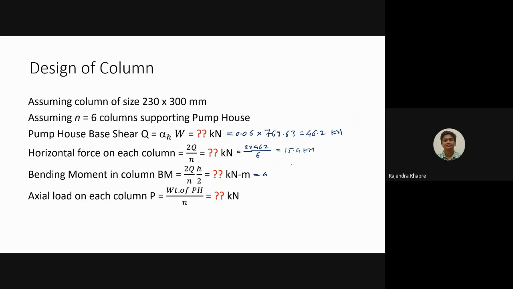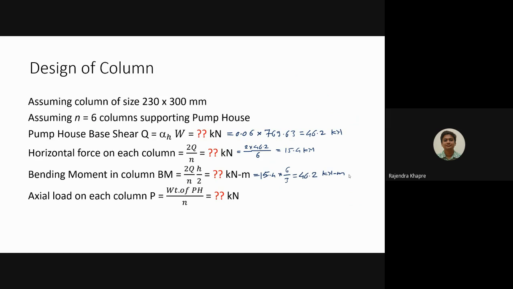So this is 15.4 into h by 3, 6 by 3. How much is this? Kilonewton meter. So this is the bending moment which is occurring in the column.